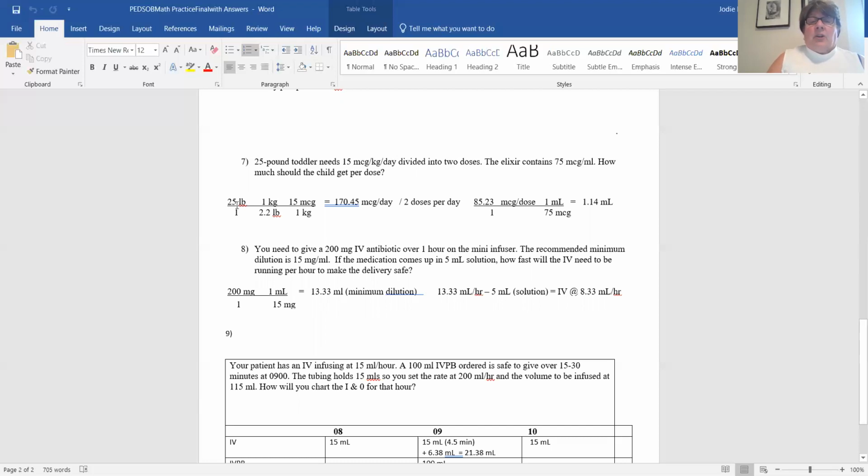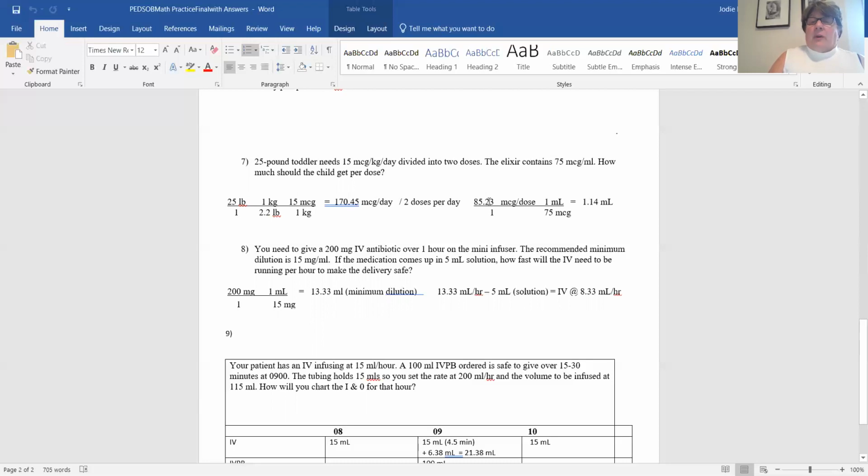So you're going to convert first, or just incorporate right into the equation, what your number of kilograms is, and then 15 mics per day. And this is what it equals, 170.45 micrograms per day. And then you're going to divide that by the 2 doses.